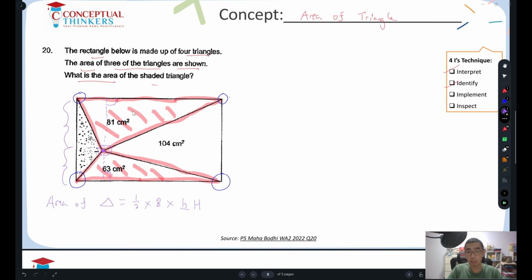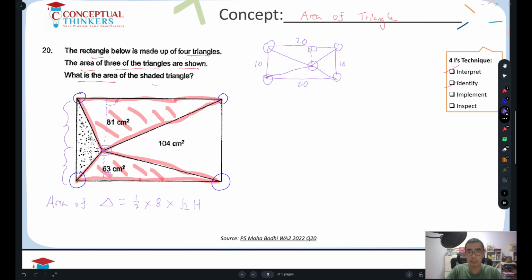Just for illustration purposes, let me show you a diagram here. So this is a rectangle, so let's say that I draw a triangle here, then I draw another triangle here. Since all the corners are touching the corners of the rectangle, and this point here is actually intersecting here. So to give a simple example, let's say this is 20, 20. So this is 10 and 10. Let's give some arbitrary numbers for this.